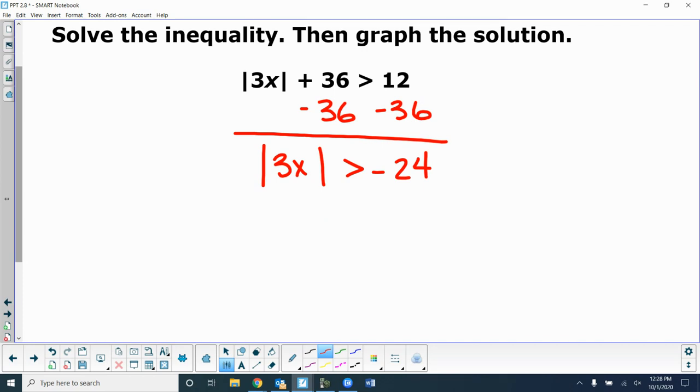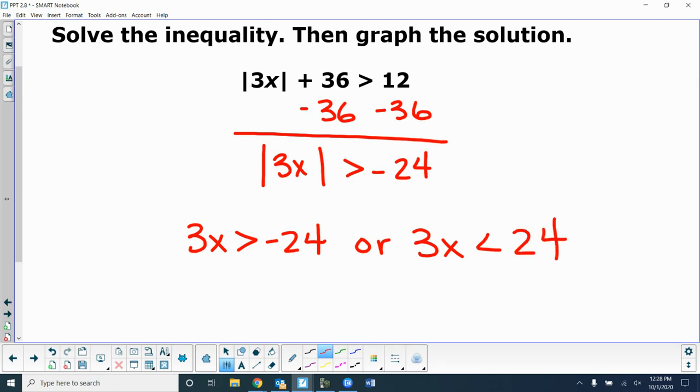Yeah, and this was the other one, is that what you're telling me? Is it and or or? That's what you said? Okay. So let's go ahead and do that. What do we do to both sides? Divide by 3.